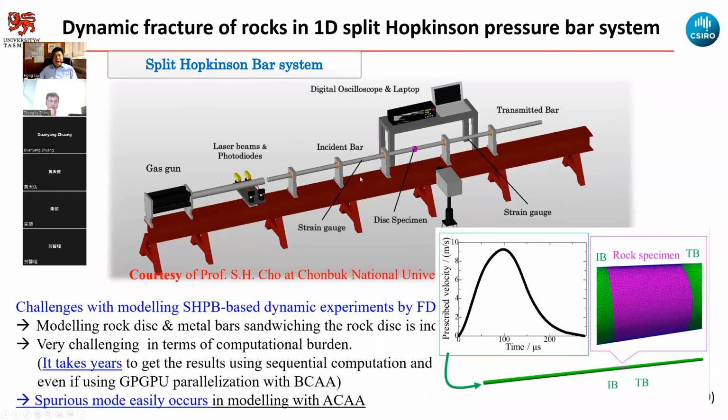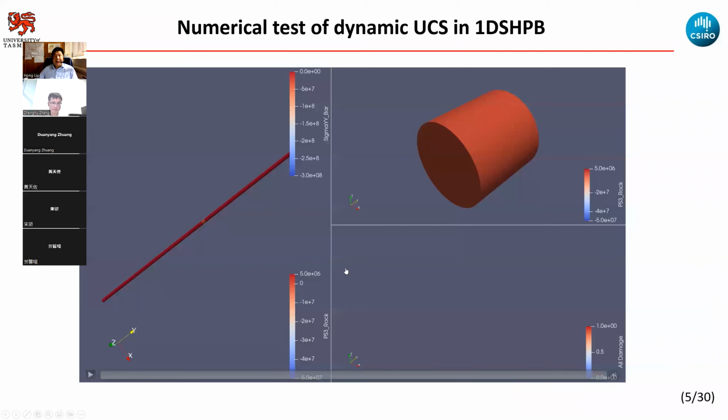But we do need to put in one monitoring point in the incident bar and the other in the transmission bar. Then we build the boundary conditions, and put in an impact here. The impact will cause the stress wave, which will fracture the sample.